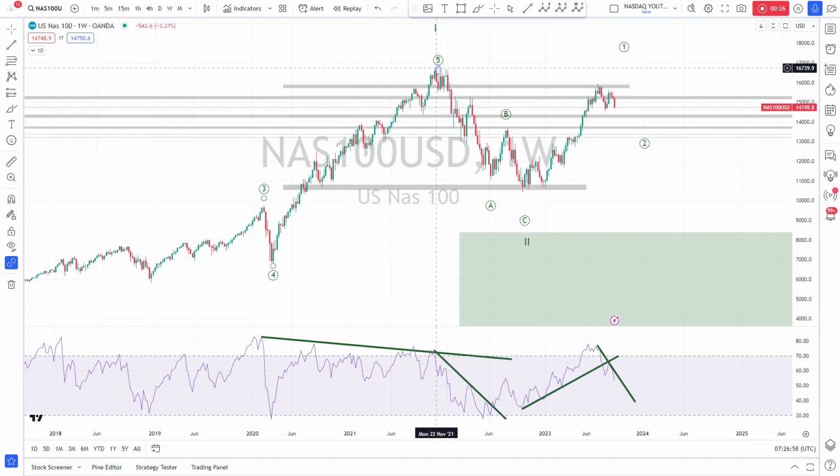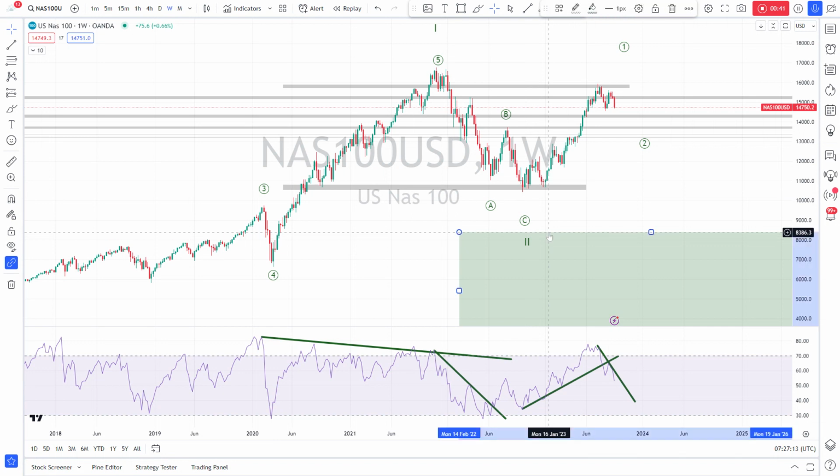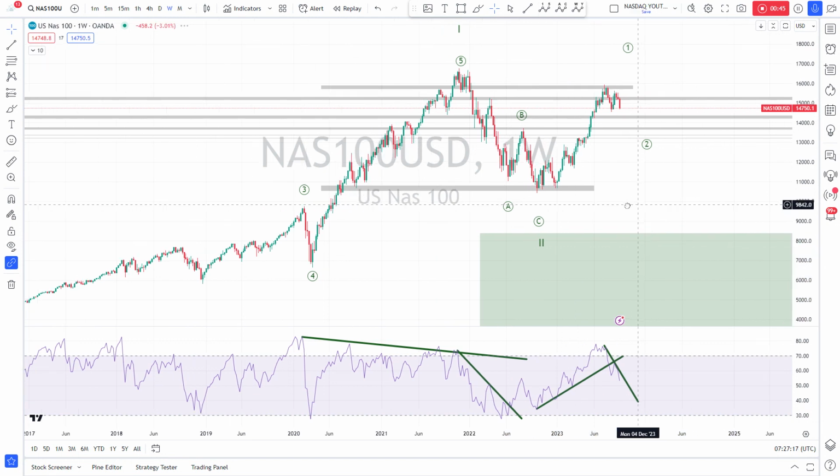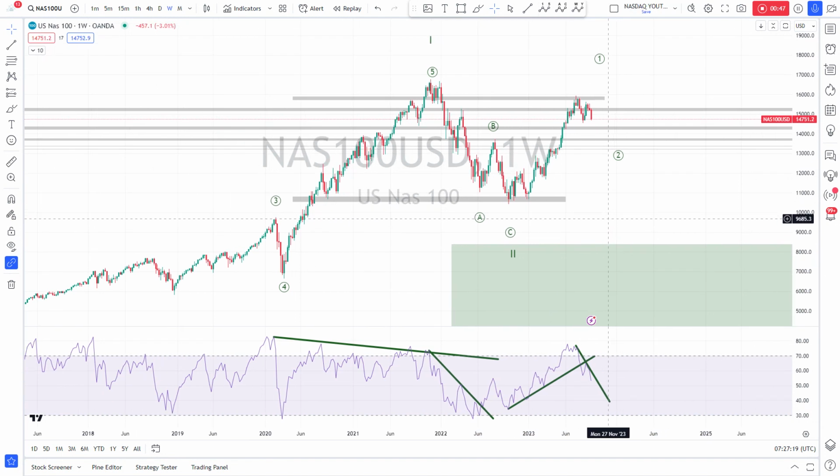degree right here. After 5 waves up, we end with divergence, and then we came down here in a correction as an ABC pattern. We did not reach the 0.5 FIP retracement, but I would say that's okay. Sometimes this happens.